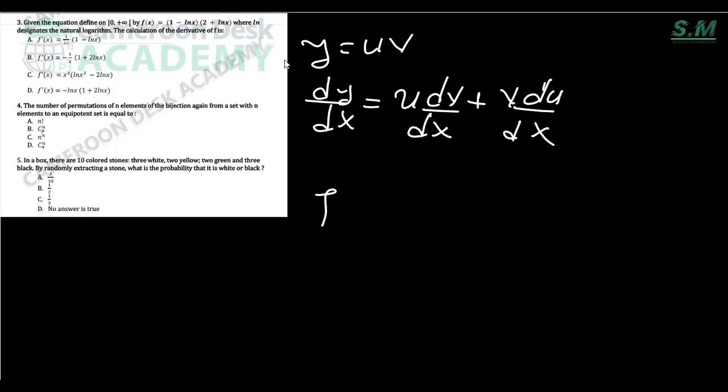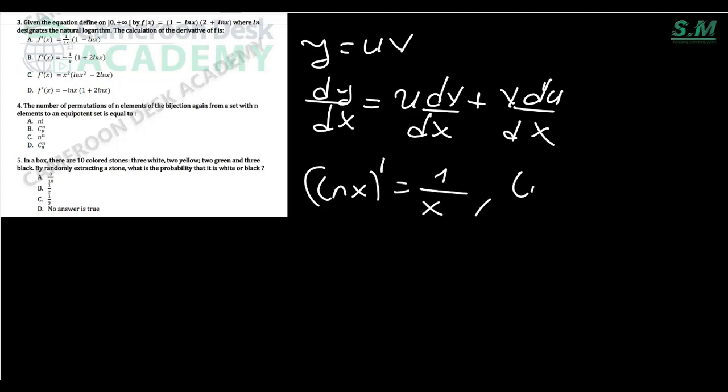So the derivative f prime of x will be equal to, we'll start by keeping one function constant and differentiating the other. We also have to recall that the derivative of the natural logarithmic function, ln x prime, is equal to 1 divided by x.